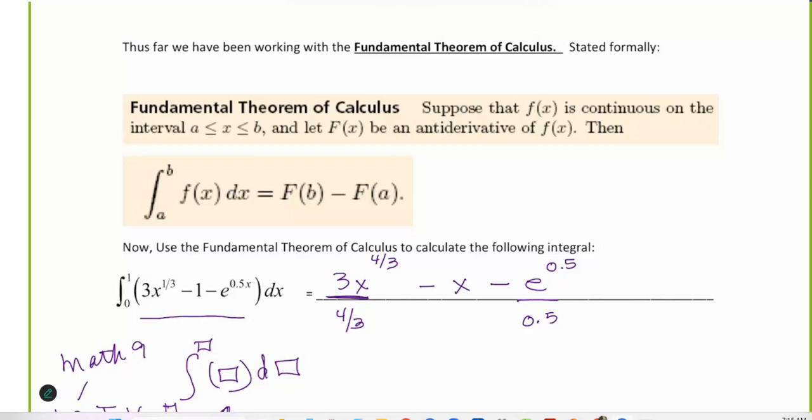What I need instead is this, the 1 and the 0. Okay, let's clean this up a little bit. So I have 3x to the 4/3 times, flip it over, 3/4. Okay, minus x minus dividing by 1/2 is the same as multiplying by 2. Okay, and then I'm going to do 1, 0.